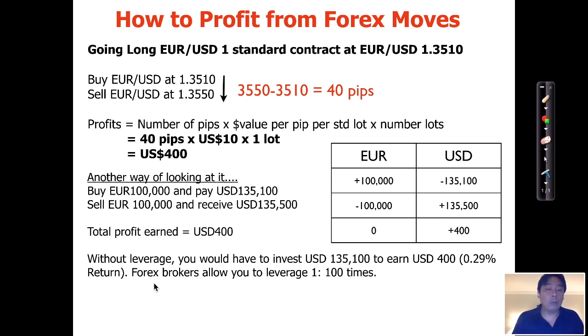Most Forex brokers allow you to leverage 1:100. That means for every 100,000 euros, you only need 1,000 euros of deposit to buy that position. So if you only use 1,000 euros, you're making $400 from 1,000 euros, and that's a much better return.